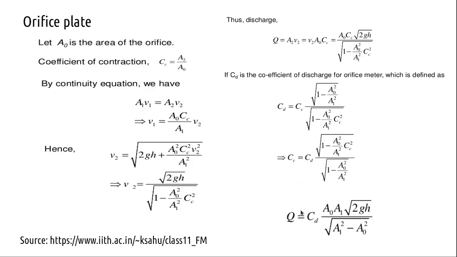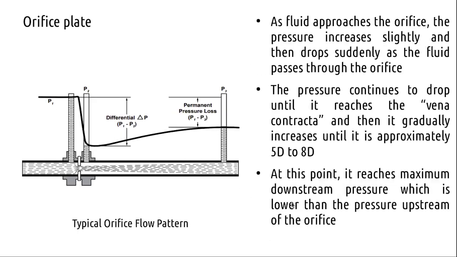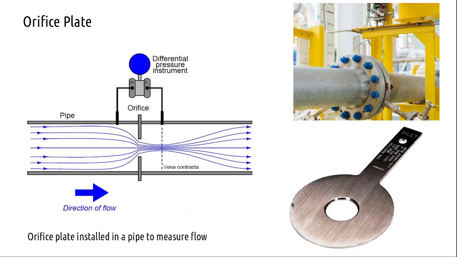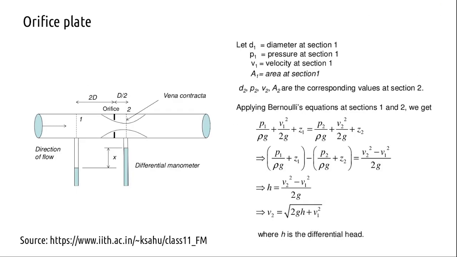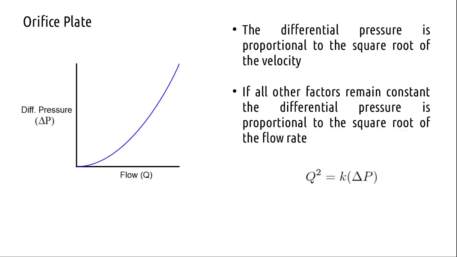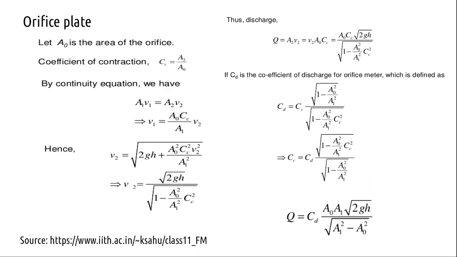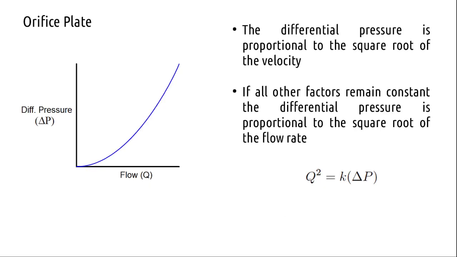Or you would be able to relate the flow to the diameter, and the flow to the differential pressure delta P. K is a constant that depends on the coefficient of discharge of this particular type of plate. So we have discussed this. You can see the recording of that lecture for picking up from there.